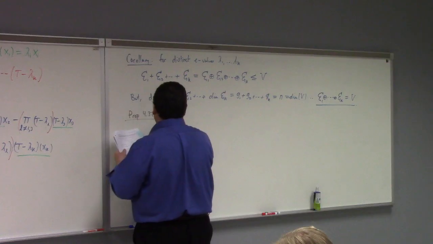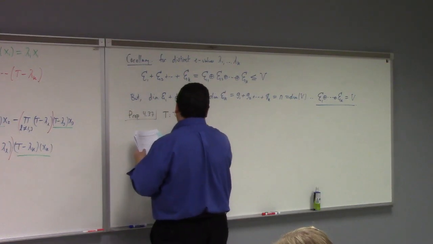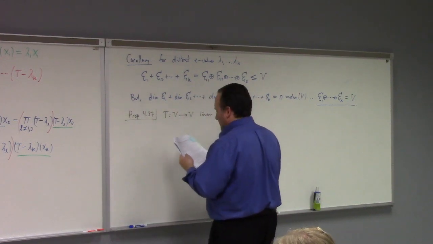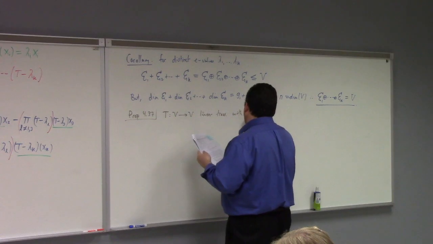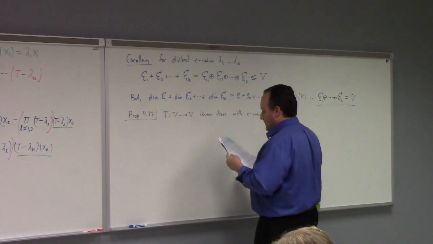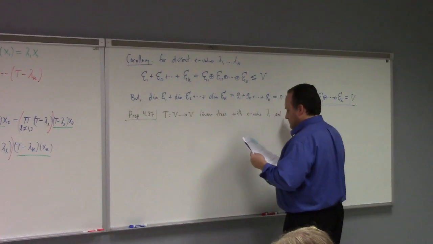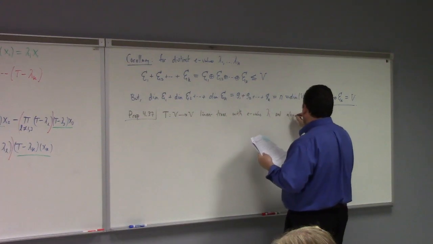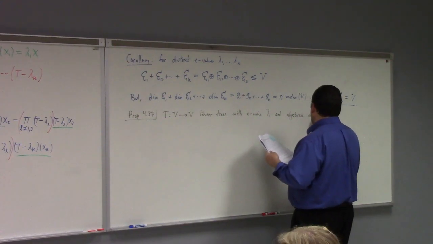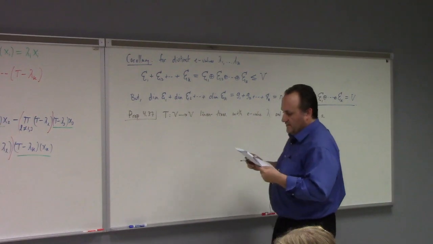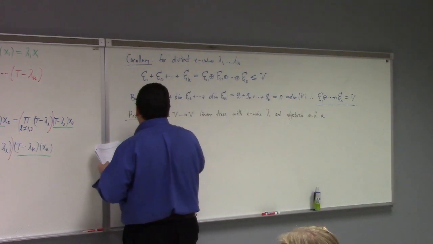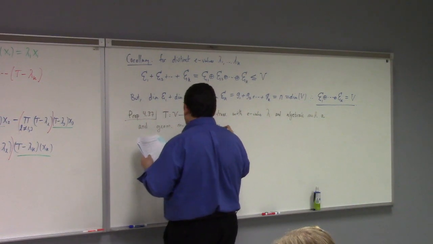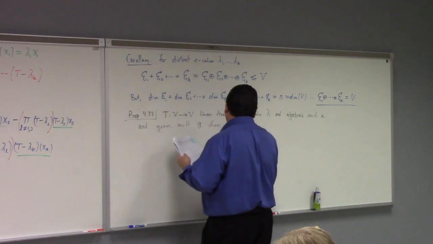It says that if we have T from V to V, a linear transformation with eigenvalue lambda and algebraic multiplicity A and geometric multiplicity G, then G is less than or equal to A.